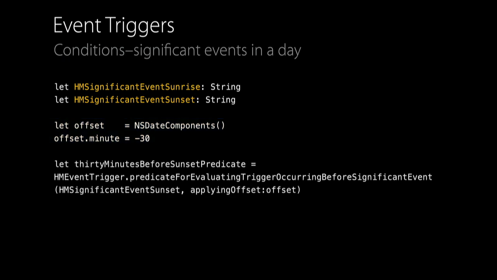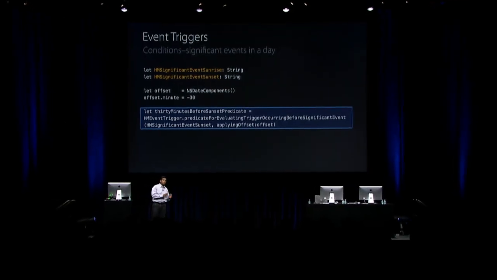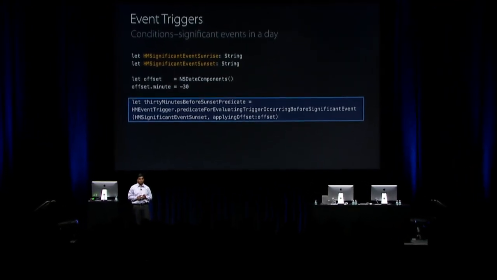And now just use our convenience API, predicateForEvaluatingTriggerOccurringBeforeSignificantEvent, give it sunset as the significant event, and give the offset that we just created above. With this, we can now gate execution of a scene if that event fires after 5:30 p.m. It will only fire as long as it's before 5:30 p.m. It'll always execute that scene.